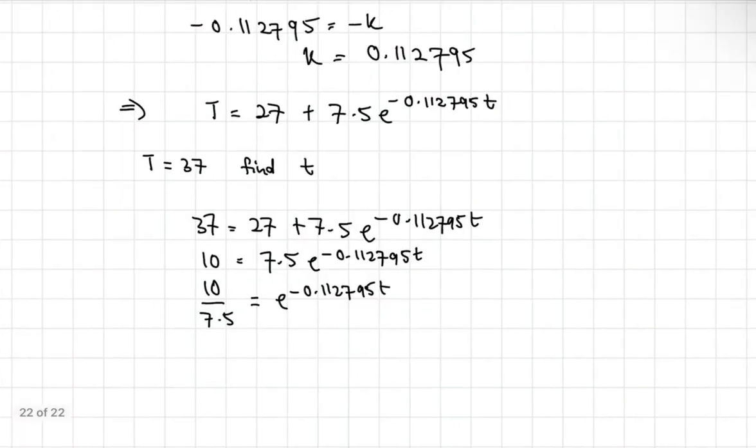Take ln on both sides. So 0.28768 equals negative 0.112795 t.